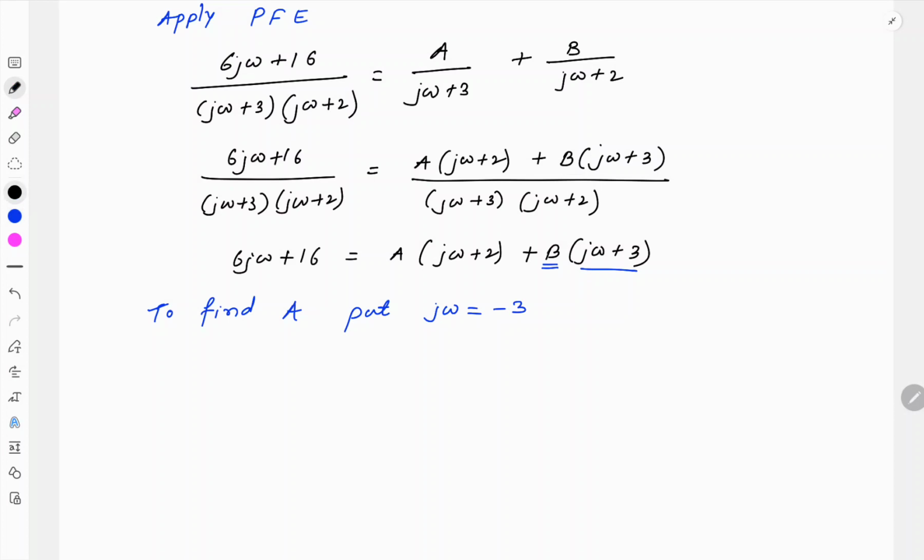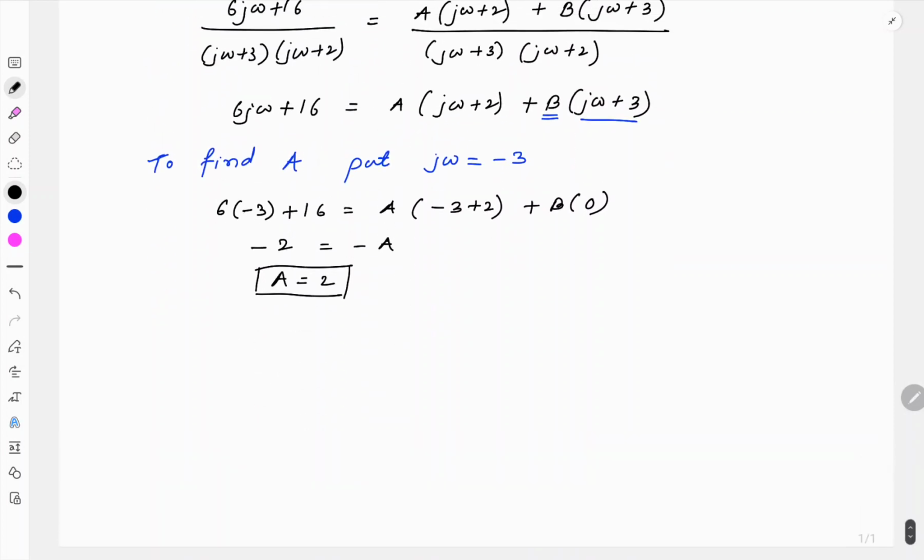If we substitute it, we get 6 into minus 3 plus 16 equal to A into (minus 3 plus 2) plus B into 0. So 6 times 3 is 18, it is minus 18 plus 16, it is minus 2, is equal to minus 3 plus 2 is minus A, so A is equal to 2.